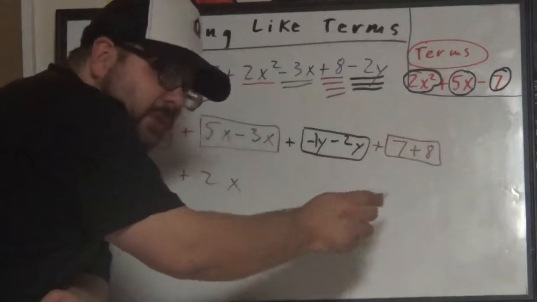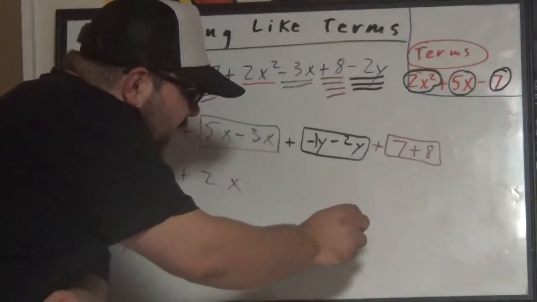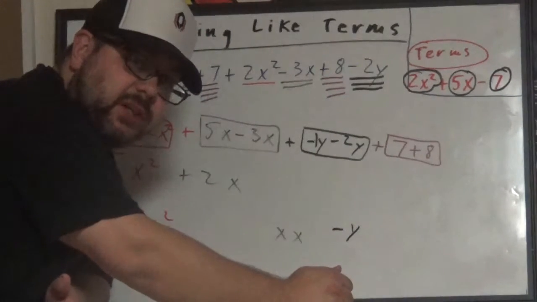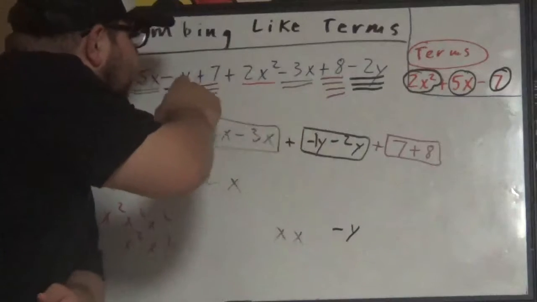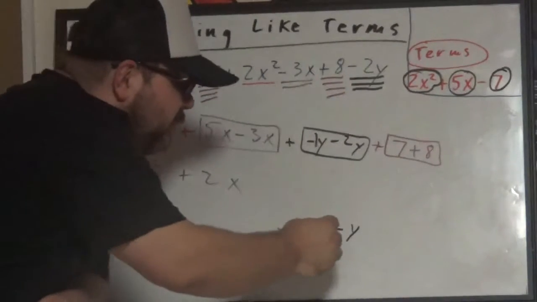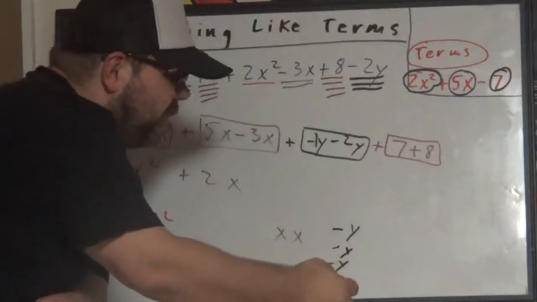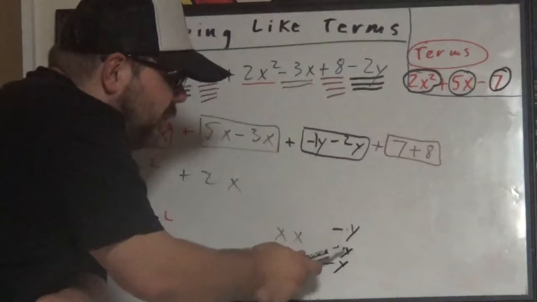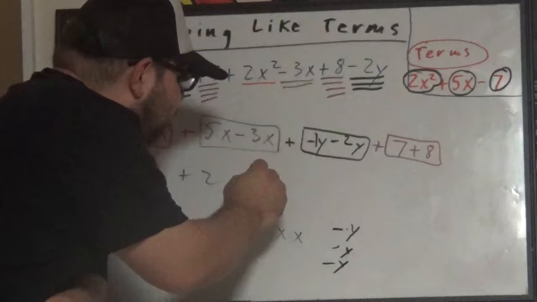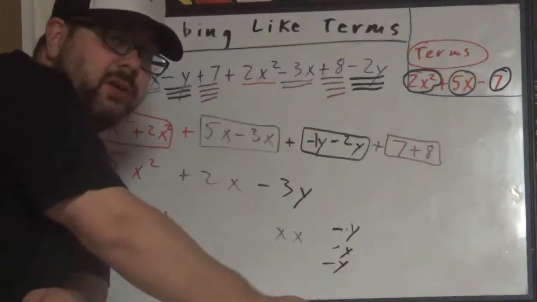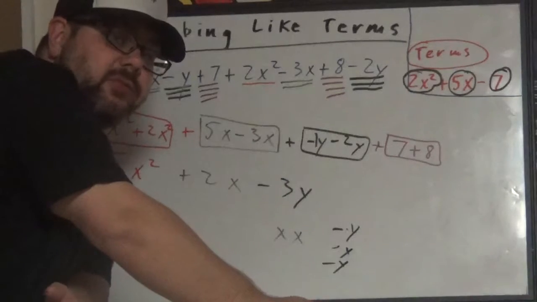If I have, and I'm going to put a negative because it's negative, a negative y, right? That's what it says, it's a negative y. And I have negative 2y. Well, that's 2 more negative y's. How many total do I have? Negative 1, negative 2, negative 3. Well, it's fitting because negative 1 minus 2 is negative 3. Again, we can add the coefficients.